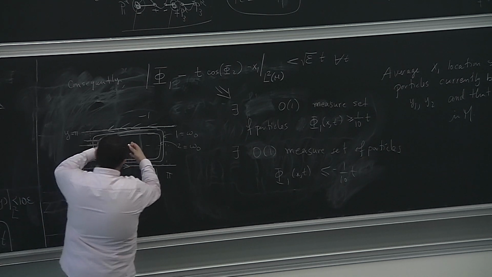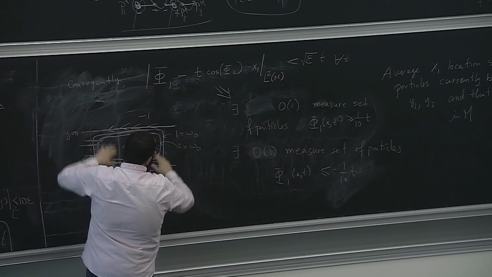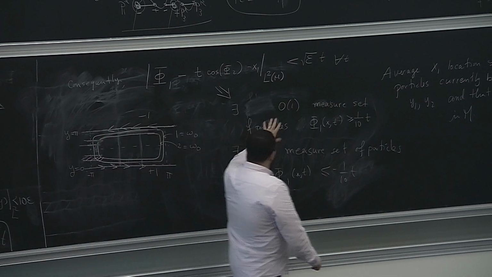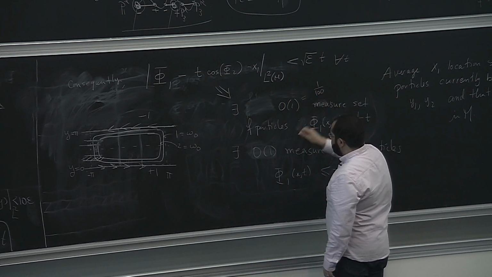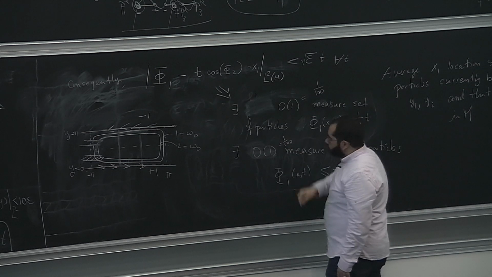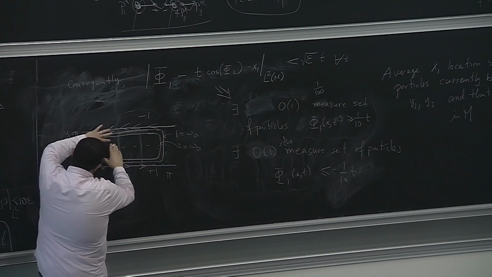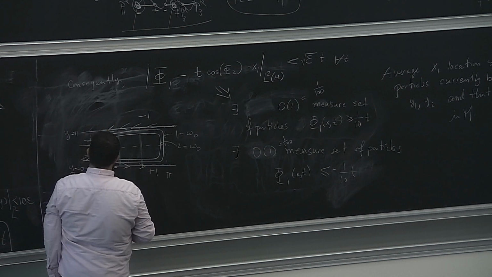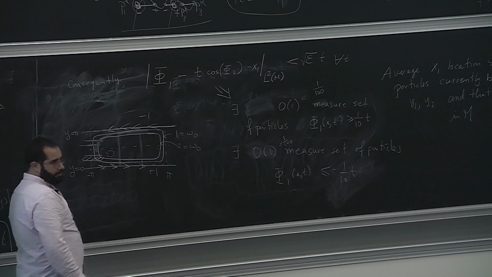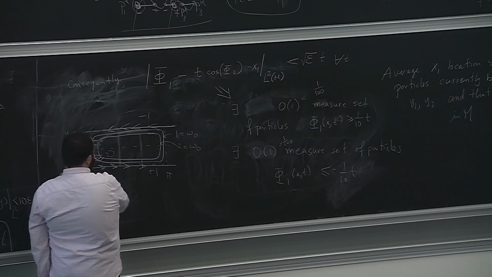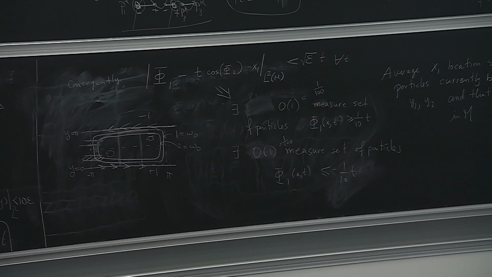But if I choose these level sets to be sufficiently big, depending on epsilon, this is fixed. So you can say 1 over 100, independent of epsilon. And if you take this enough, you will know that there exists some from the inside going to the left and some from the inside going to the right. Does that make sense?